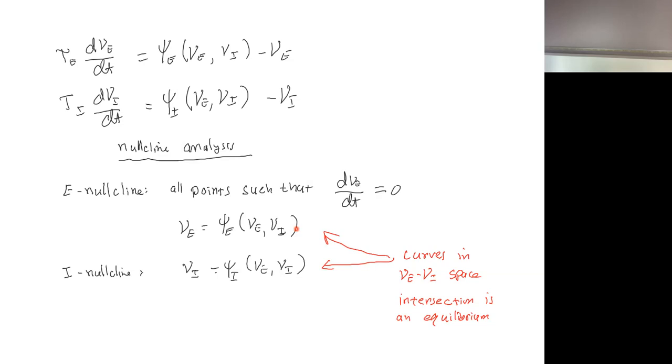Okay? So that's the plan. To find these curves, we're going to find them one point at a time. We're going to fix nu E, nu I, and find one point on this curve. So it goes like this.